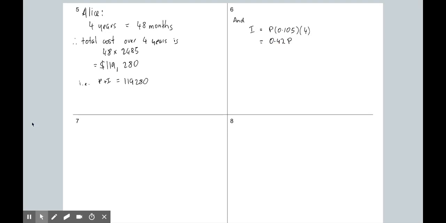So I can write, therefore, p plus 0.42p must equal $119,280. Oops, 280, sorry.